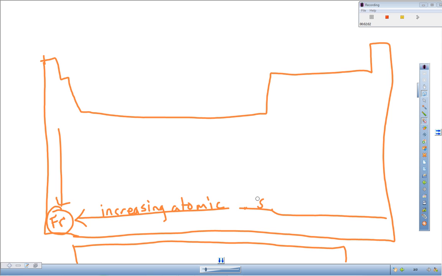Just because francium is the fattest doesn't mean francium is the heaviest. As it turns out, he is not the most massive element, if I were to personify it. Connor, I don't know if you're 118, but this is radius. So francium, increasing atomic radius.